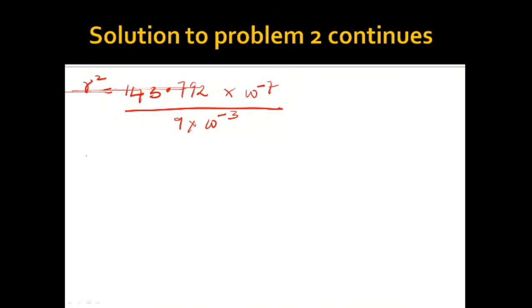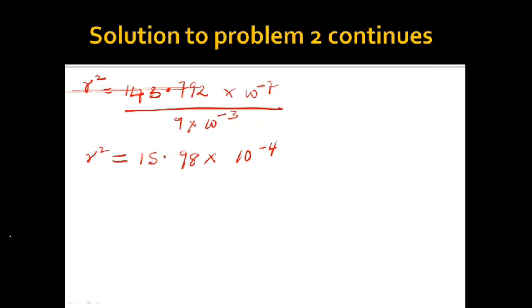Now that means that R squared is equal to, running the calculation there, we will get 15.98 times 10 raised to power minus 4.